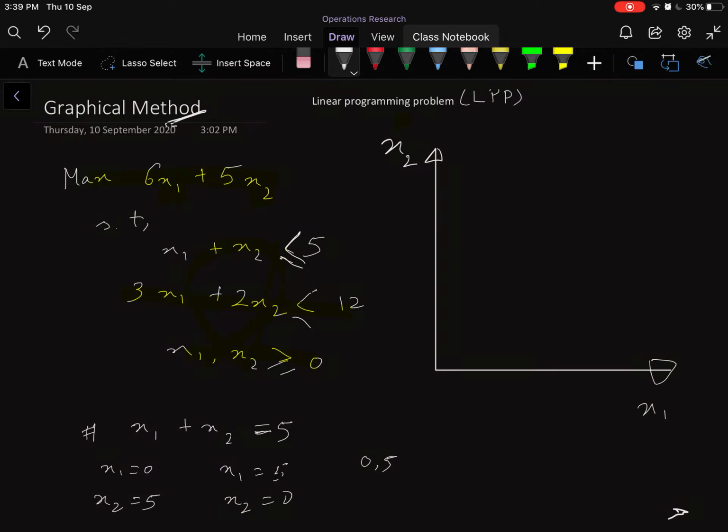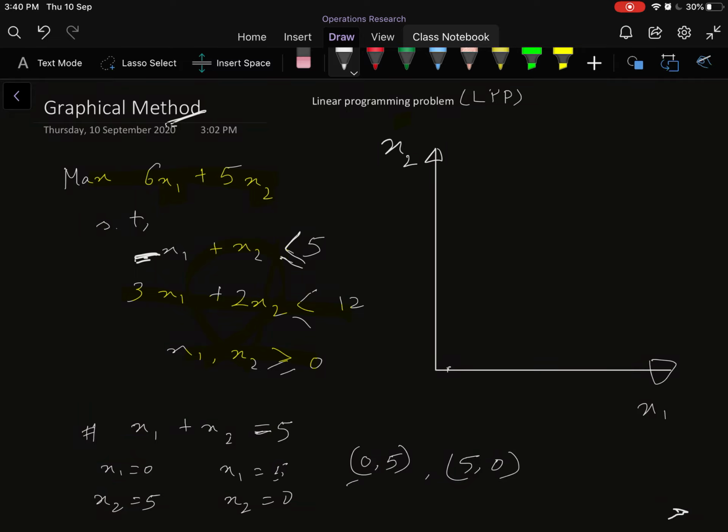So these two points, 0, 5 and 5, 0, both these points satisfy this constraint. Now why do we need these two points? Let's see. If we put 0, 5 here, let's say that each of these divisions corresponds to one numerical value.